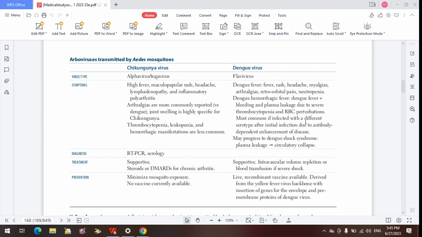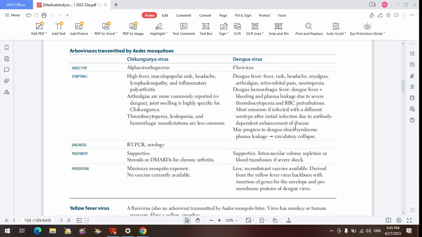Now there's something we call antibody dependent enhancement of disease. I'm just going to try to make the explanation very brief. Please, let us try and follow. This antibody dependent enhancement of the disease is the reason why dengue fever can cause dengue hemorrhagic fever. Primary infection doesn't typically cause dengue hemorrhagic fever.